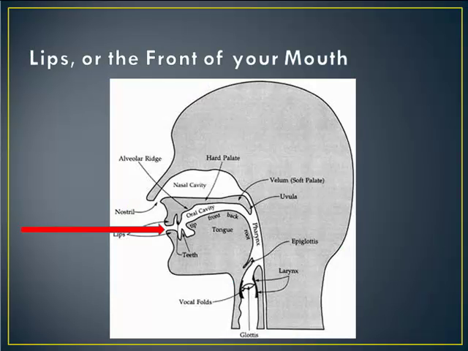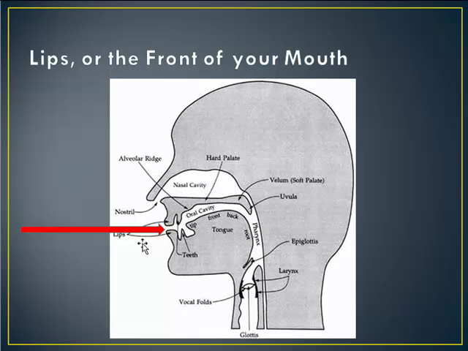That is it for vowels. Now we will talk about consonants. Consonants occur when there is blockage, when the air is stopped somewhere along the way, either through your mouth or through your nose.